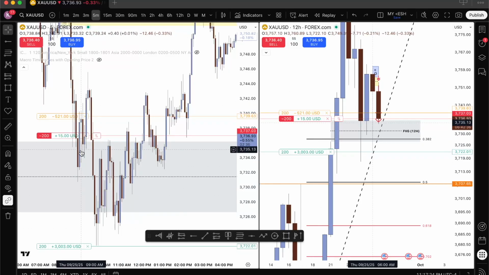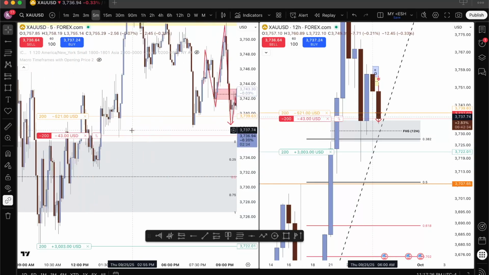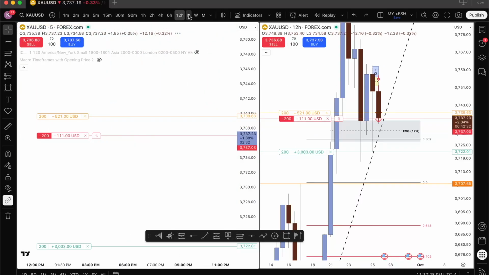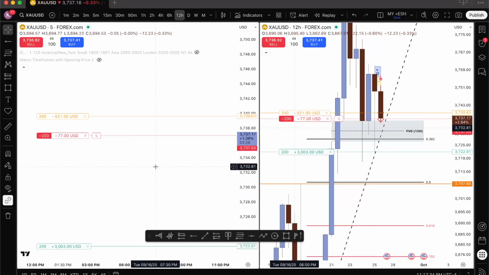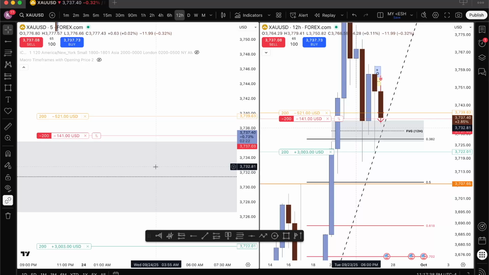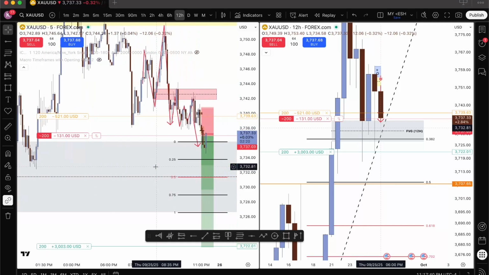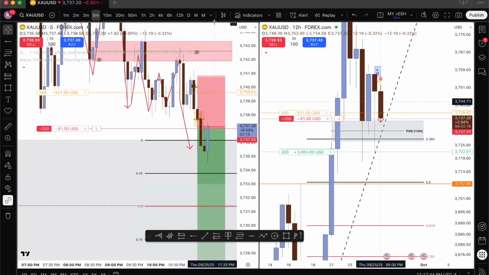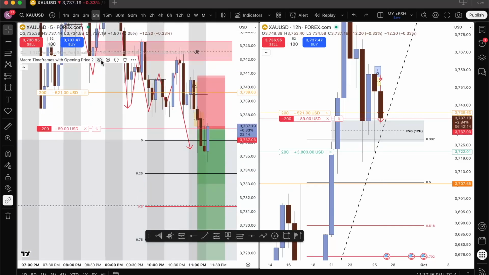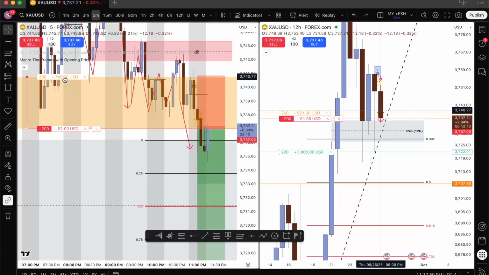It's because we're tapping into this fair value gap. It's 12-hour. It's also like a daily fair value gap. If you go up, we're in a big daily fair value gap. So like I said, price more than likely can respect this with no problem. But it can manipulate into the macro area. So we just want to make sure that this holds.